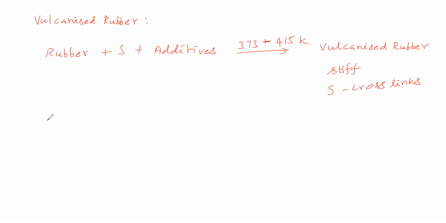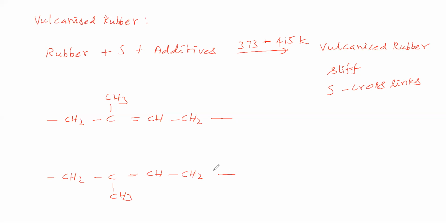Now we will take natural rubber, in the sense CH2, CH3, double bond, CH, CH2, like this continuation. Natural rubber polymeric chain like this. Another polymeric chain of natural rubber we have taken like this. It is continuing like this. Again we'll take here CH, CH3, double bond, CH, CH2.